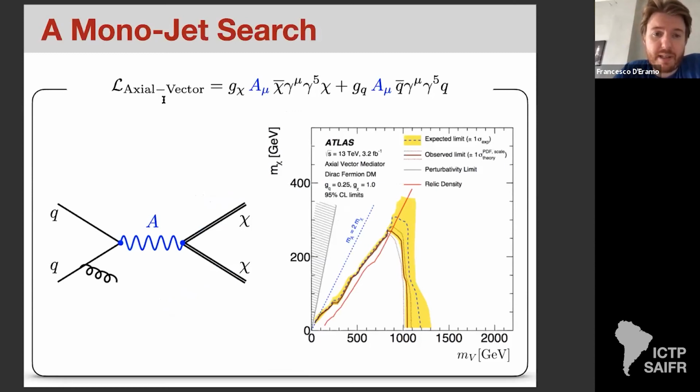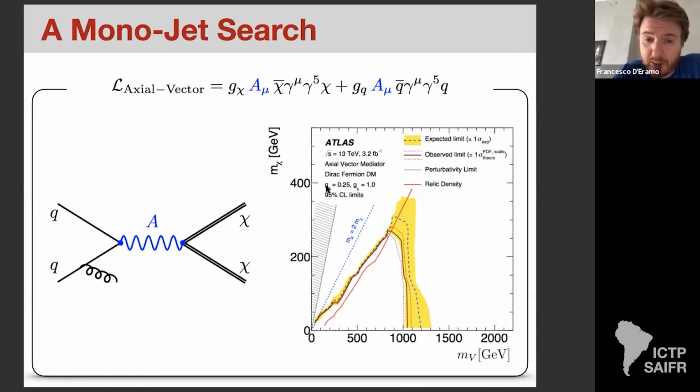You have this type of theory where you have a vector mediator between the quarks and the dark matter coupled with an axial current. So you have the mass of chi and the mass of the mediator, here it is called V, but I call it A here, they are the same particle. These are parameters of the theory, as well as the couplings, G chi and GQ.